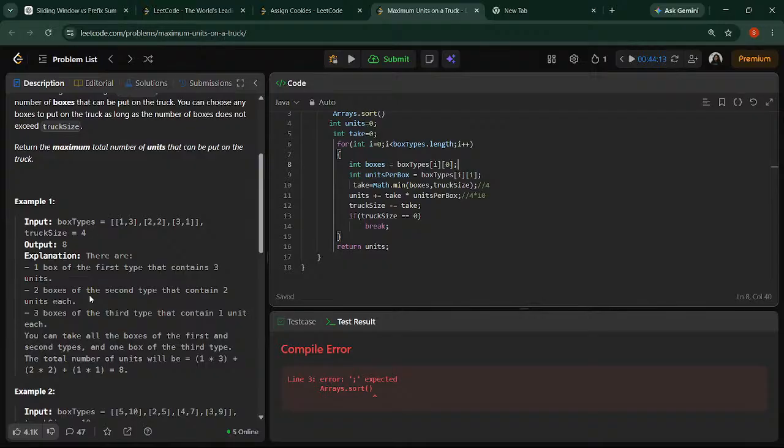Truck size will reduce by 3; if it is 4 then 4 minus 3 equals 1. Okay fine, next I will be doing 1 comma 0.